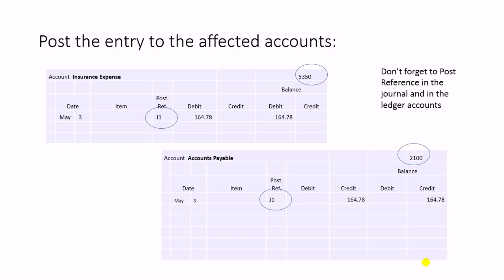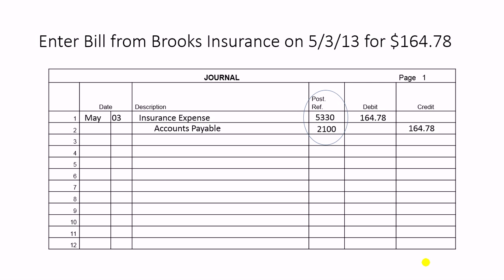Then we go to the accounts payable account, we date it, post reference it. We would credit the account, which is an increase to accounts payable. It had no prior balance, so it has a credit balance of $164.78. We would then go back to the journal page and be sure to put those post references, which are the account numbers that we posted to.